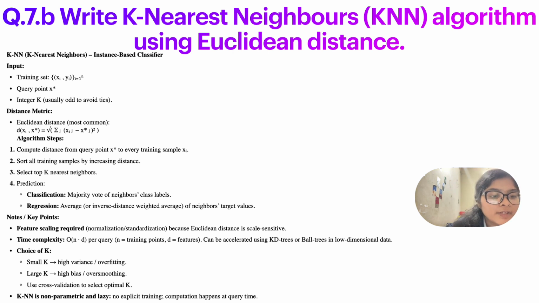So here we have a training set in which there is xi, yi, where the value of i goes from 1 to n. Then we have a query point x asterisk, and an integer k. Here we usually use the value of k to be odd for avoiding ties.